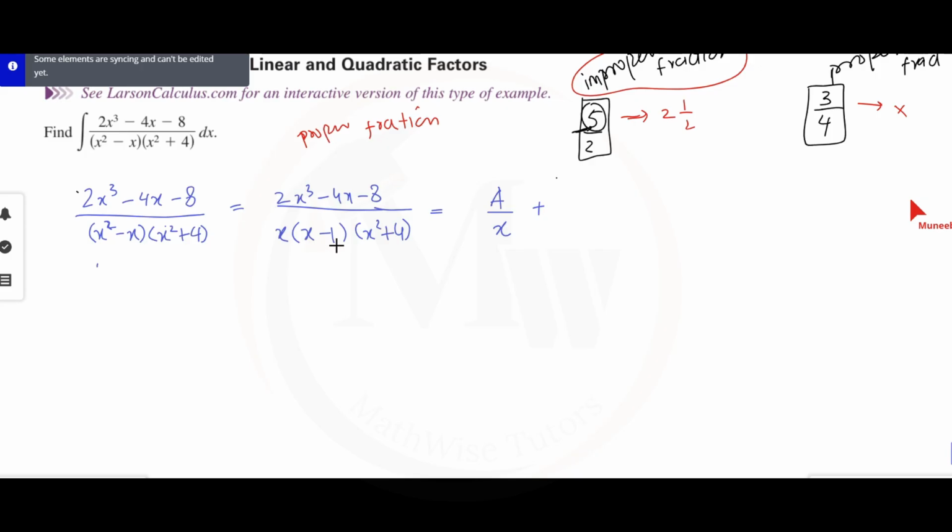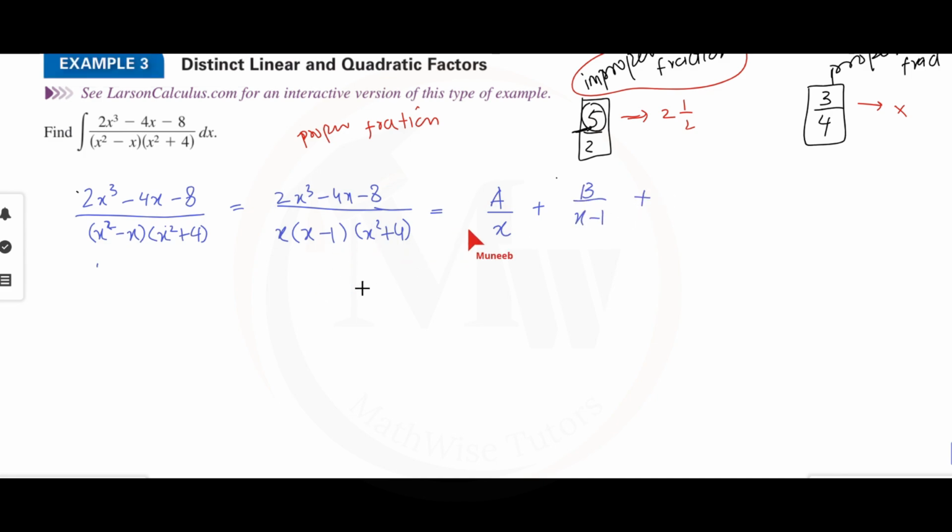Plus, the second factor x minus 1 is also linear with power 1, so it will be b over x minus 1. And plus, now what is the third factor? It is a quadratic factor because it has a power of 2 on x. So the quadratic factor will become cx plus d over x square plus 4. So that's the first equation which we need to make before solving.